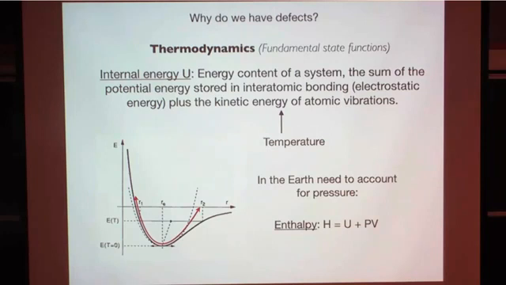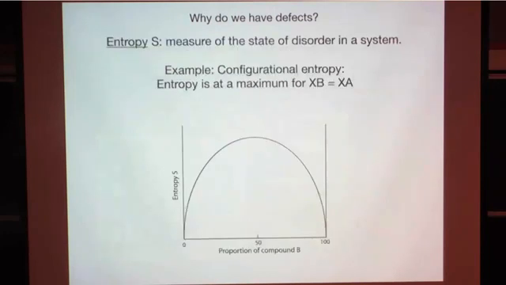So that's the internal energy, but the other part that we need is entropy. Entropy is a measure of the disorder, and from the second law of thermodynamics, you know that entropy increases. If you have a gas in one chamber and you open up a valve to the second chamber, the gas tries to occupy all of space.